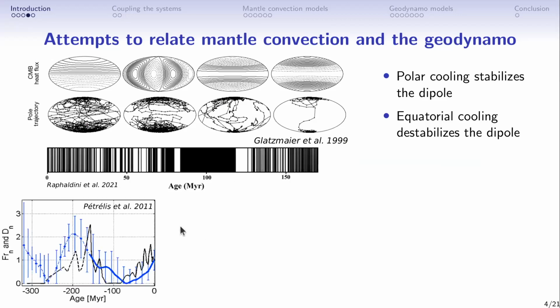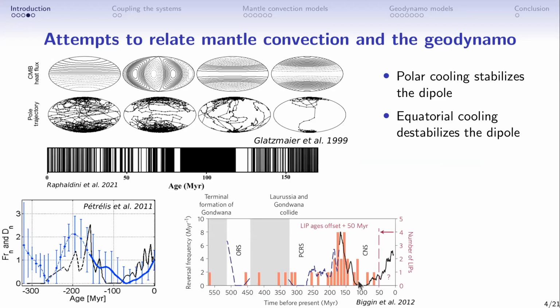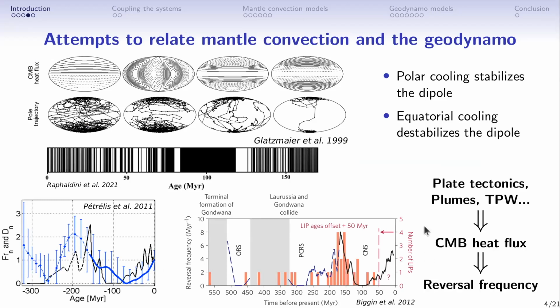And some correlations have been proposed, like here by Pétrélis and collaborators, between the reversal frequency in black and in blue, the amount of equatorial symmetry in the continent distribution, or here by Biggin and collaborators, between the reversal frequency and the number of large igneous provinces in the mantle. The idea behind these correlations is that mantle convection features like plate tectonics, mantle plumes, or true polar wander could modify the CMB flux, which would affect the reversal frequency.